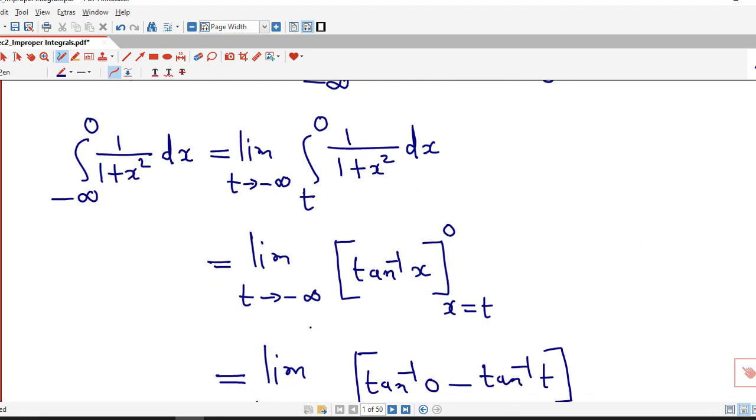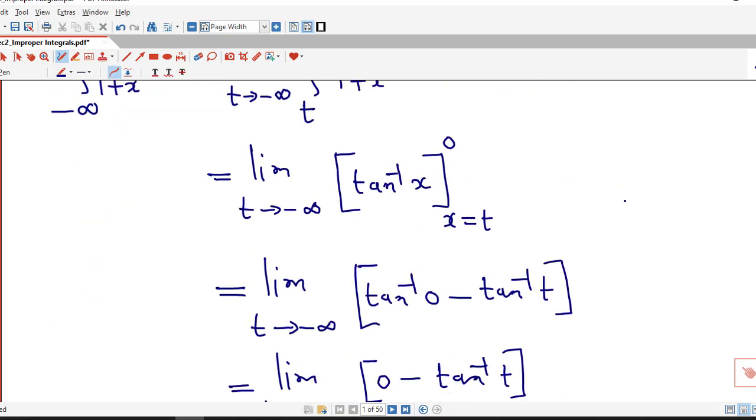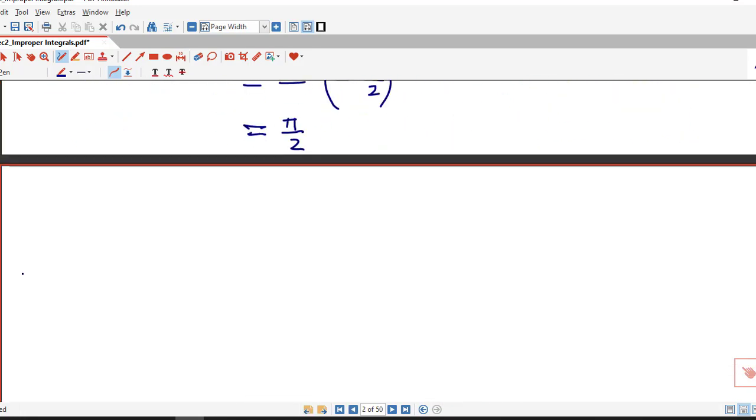So we have to check the second integral. If the first integral was divergent, then we need not check the second integral, but the first integral is convergent, so we have to check the second also. Now we check the second integral, 0 to infinity of 1 over 1 plus x square dx.